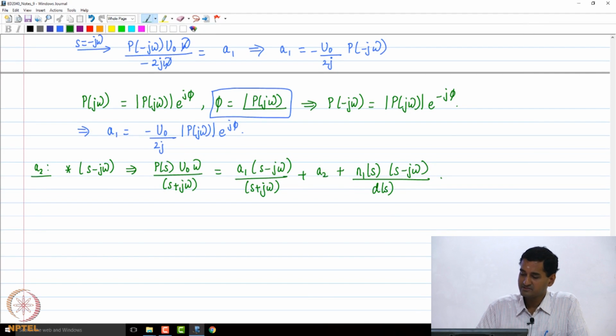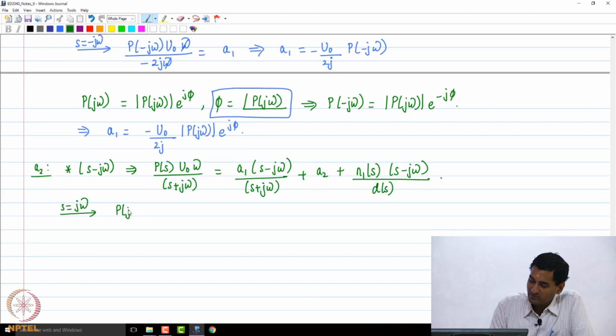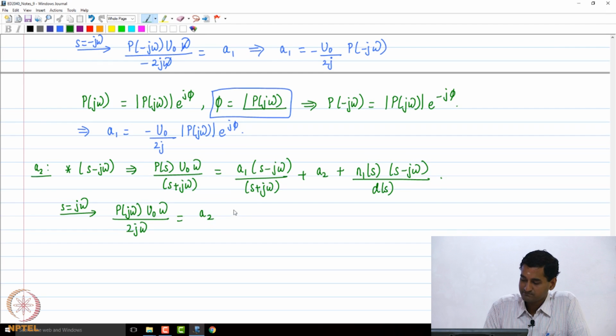I hope everyone agrees. Now, what should I do? Here I substitute s equals j omega, that is the root of this particular factor. So, what will I immediately get? I will get P of j omega u naught omega divided by 2 j omega, that is going to be equal to A2.